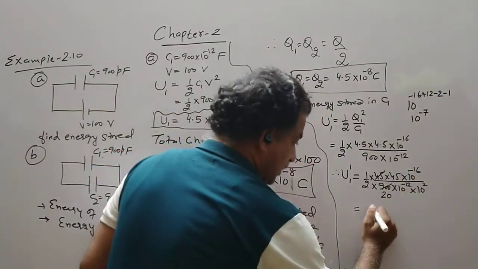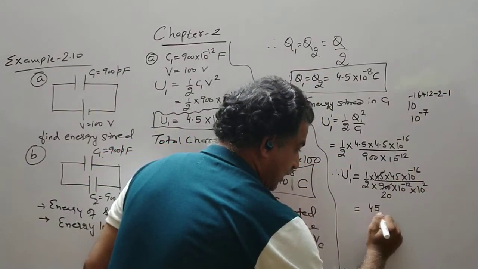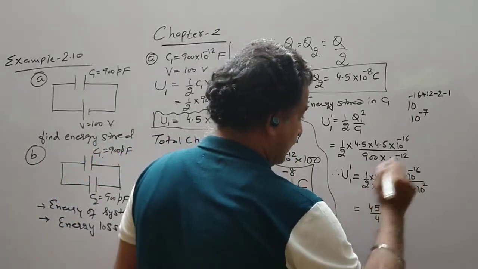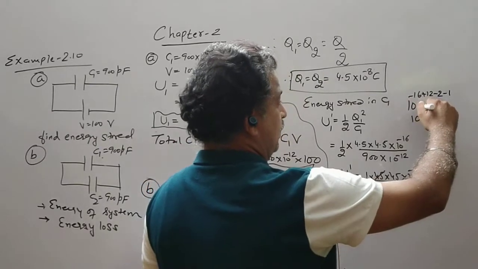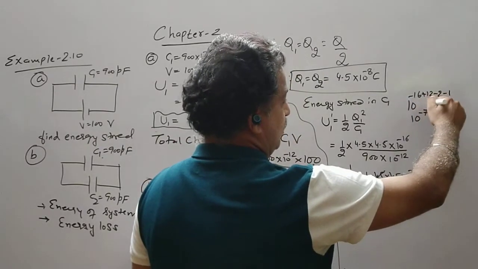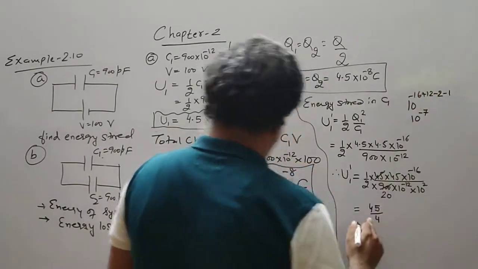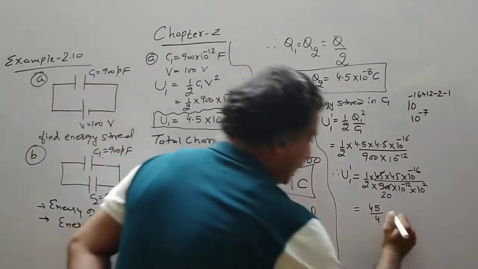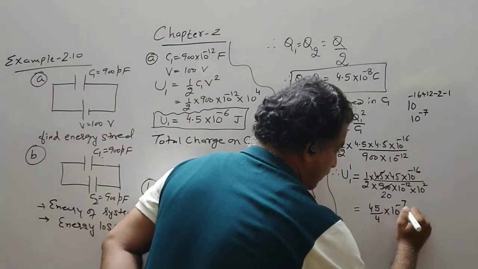So it becomes 45 divided by 4 into 10 raised to minus 7.